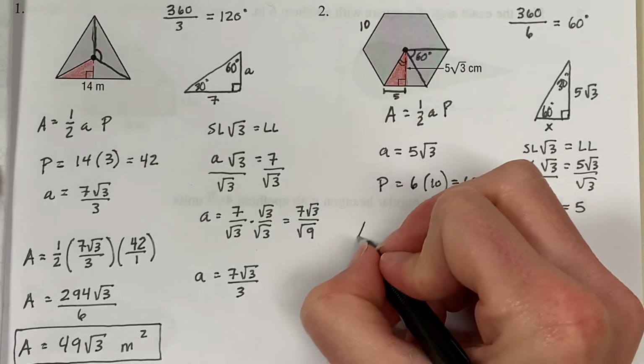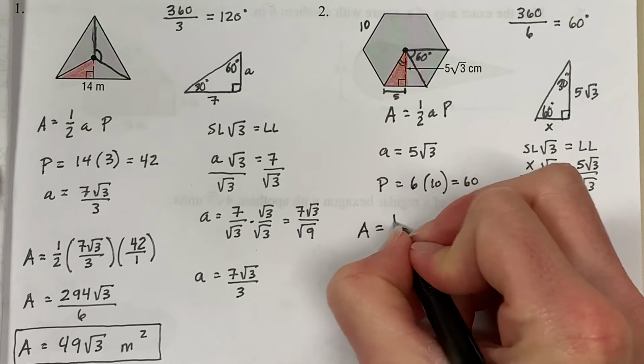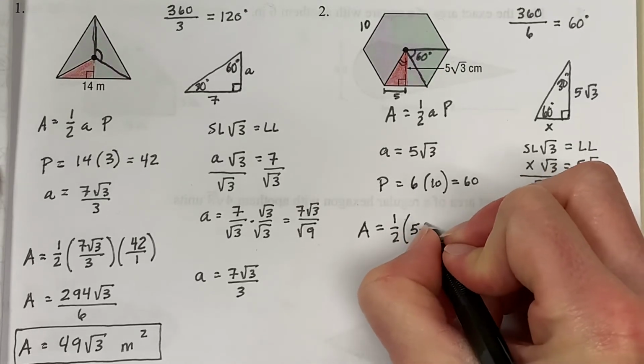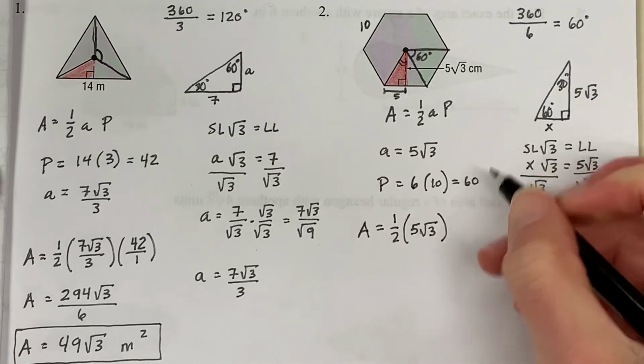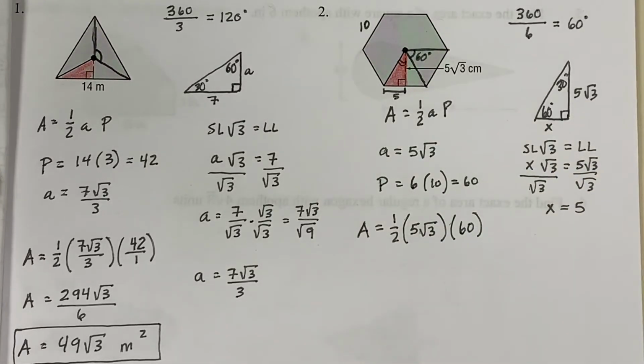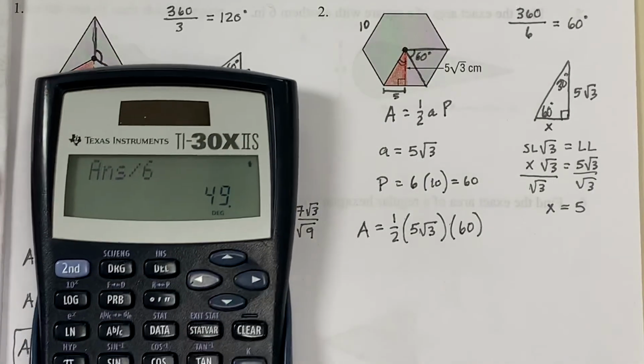So the area is equal to 1/2 times the apothem, which is 5 radical 3, times the perimeter of 60. I'm going to give an exact answer, so I'm not going to mess with the square root of 3.